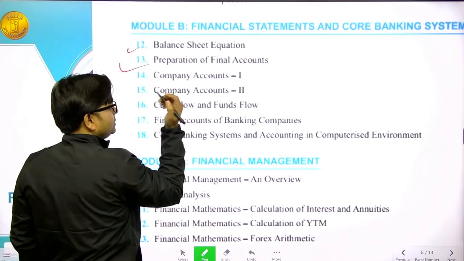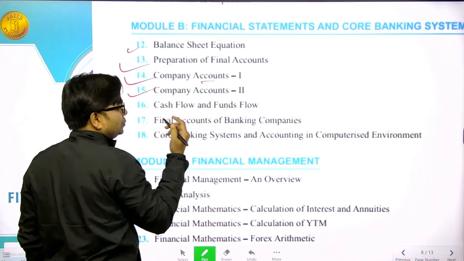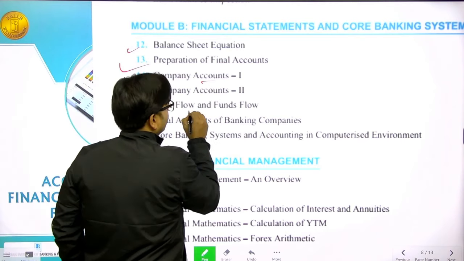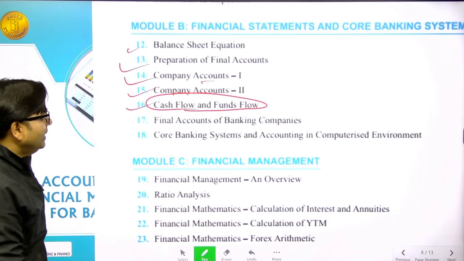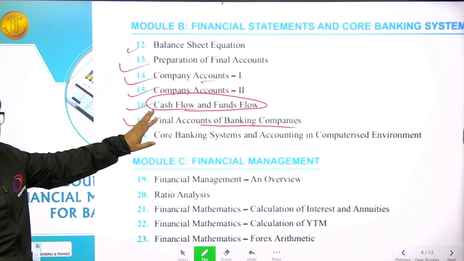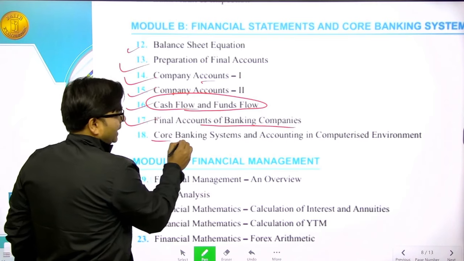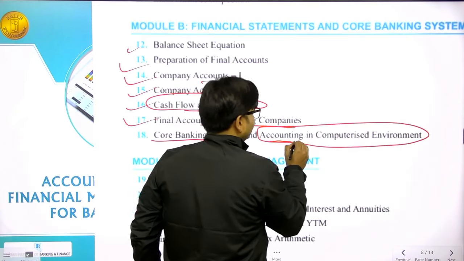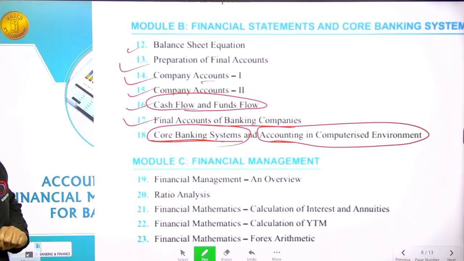Preparation of final accounts was there in old book. Companies accounts 1 and company accounts 2 was there in old book. Cash flow and funds flow, this was the new topic. This has been included. Final accounts of banking company was there in old book, so no changes. Core banking system and accounting in computerized environment, this was the topic.